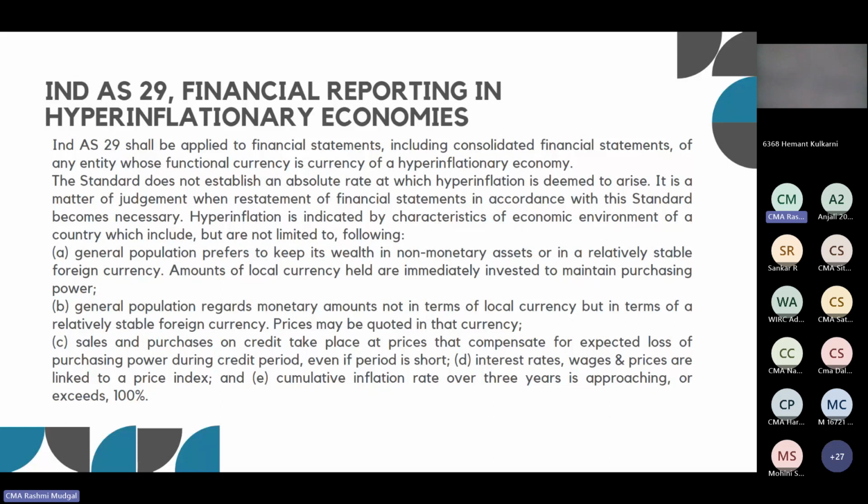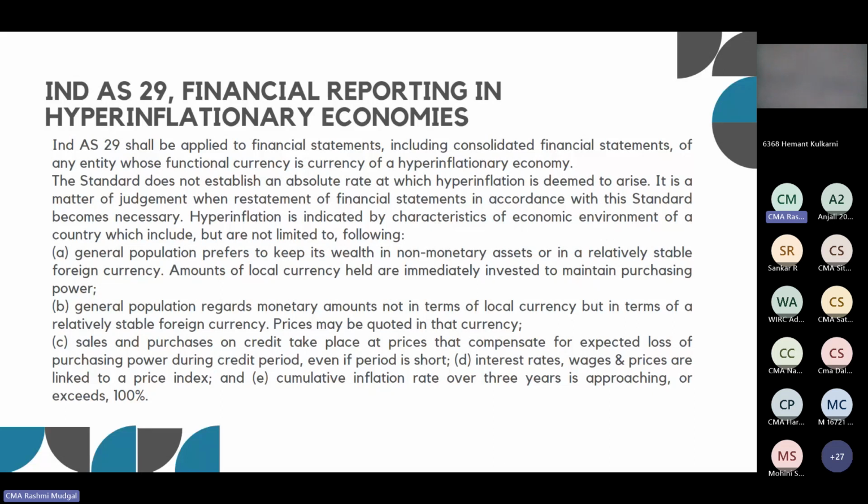So prices may be quoted in that currency. Sales and purchases on credit take place at prices that compensate for the expected loss of purchasing power during the credit period, even if the period is short. Interest rates, wages and prices are linked to a price index.